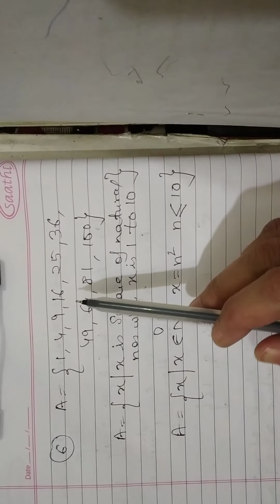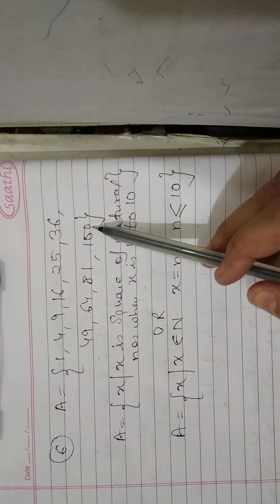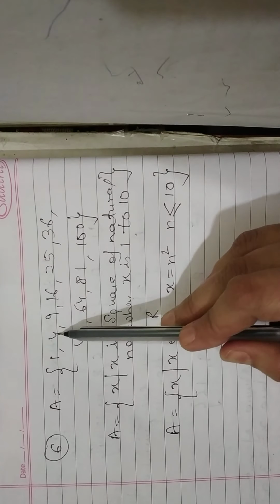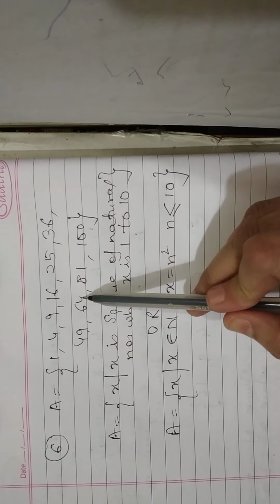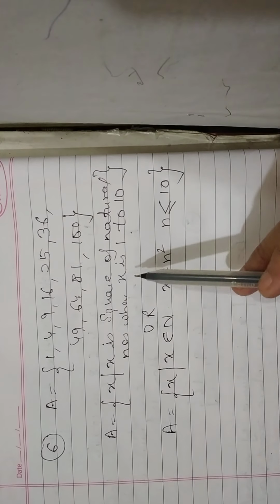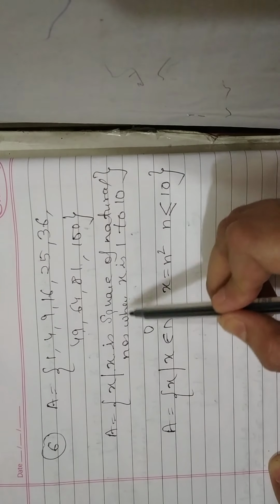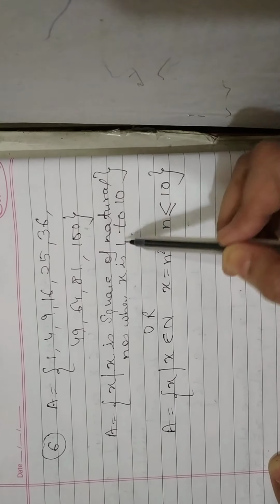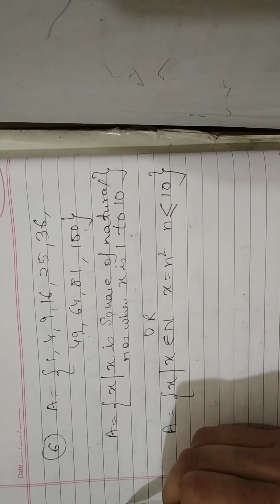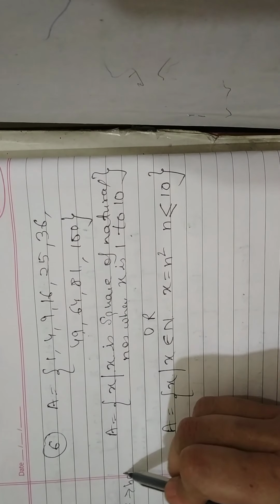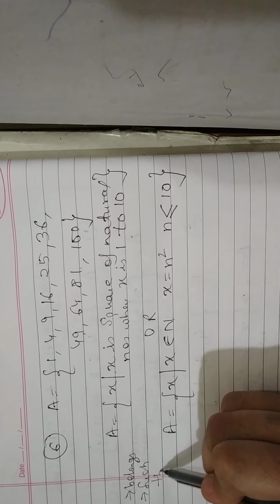See, 1, 4, 9, 16, 25, 36, 49, 64, 81, 100. You can see 1 square, 2 square, 3 square, 4 square, 5 square, 6 square, 7 square, 8 square, 9 square, 10 square. This you can write like this also. X is such that x is a square of natural number where x is 1 to 10. Or x belongs to natural number. This sign says belongs to, and this sign says such that.